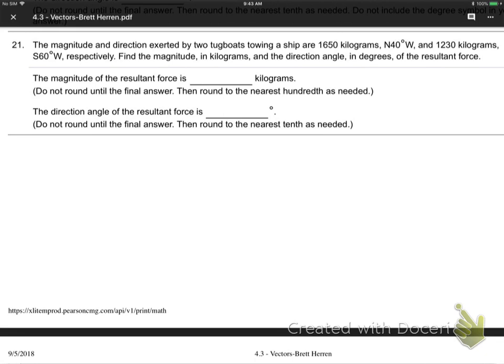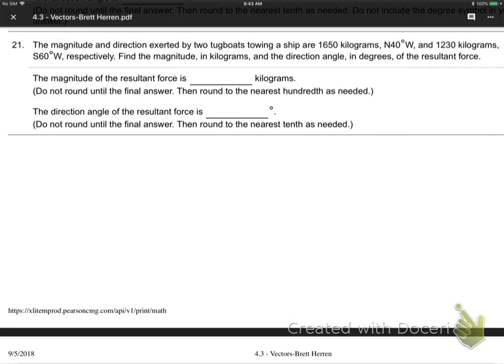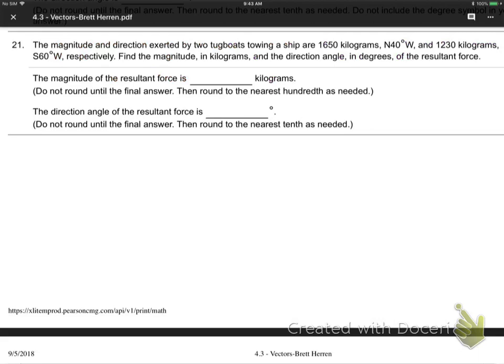So let me write it down and we'll give it a go. 1650 north, 40 degrees west. That's the first one. Second one is 1230 south, 60 west.